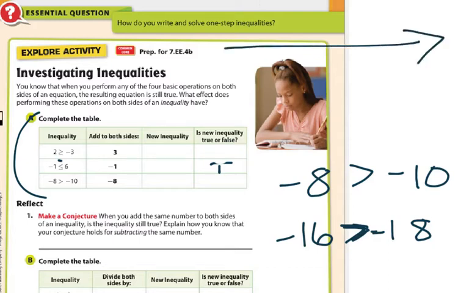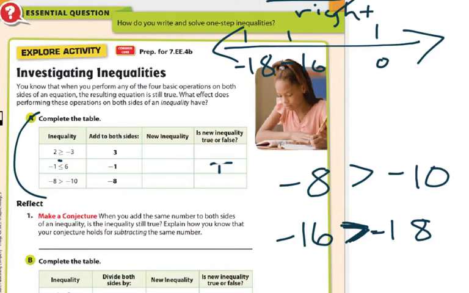Well, if I do a number line, here is 0 and this is -16 and this is -18, well, yeah, -16 is closer to 0. It's closer to the right. Remember, all numbers to the right are bigger. And so -16 is larger or greater than -18, so this is also true.